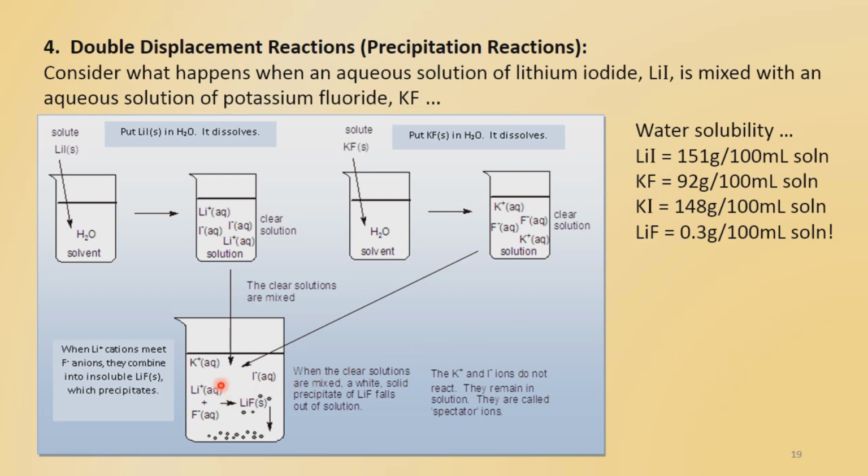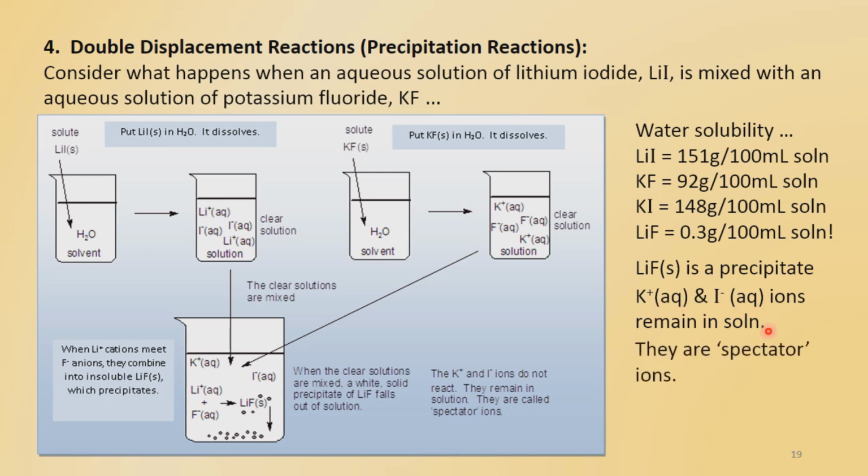When a lithium cation collides with a fluoride anion, they will combine so strongly that water can't separate them, and they will immediately precipitate as solid lithium fluoride. Its solubility is approximately 0.3 grams per 100 mL of solution. Lithium fluoride is thus a precipitate. Potassium and iodide ions remain in solution, and they are spectator ions. And this is a precipitation reaction.